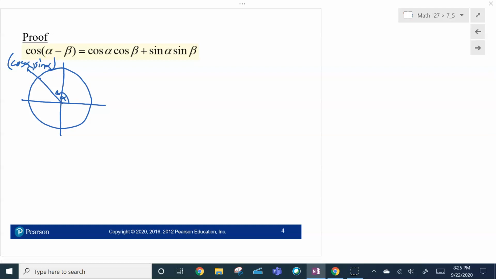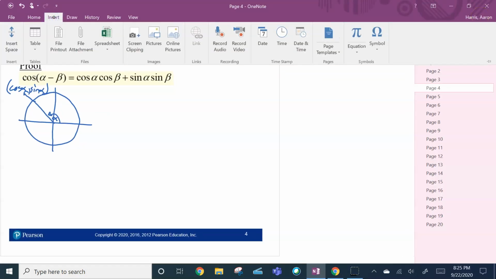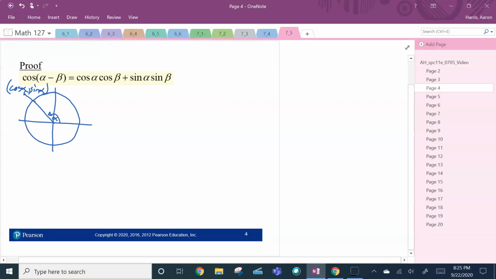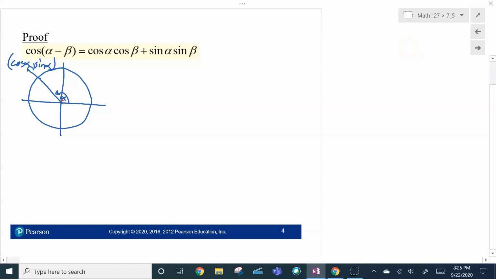And then let's say we have an angle beta here. So its point here is cosine beta, sine beta, that point right there. So obviously this angle right here would be alpha minus beta, right? That much angle, like if alpha was 120 degrees and beta is 30 degrees, then alpha minus beta would be 90 degrees, 120 minus 30, right?